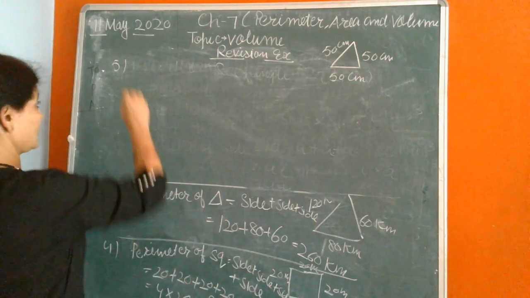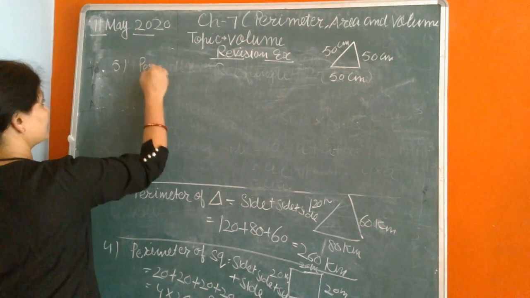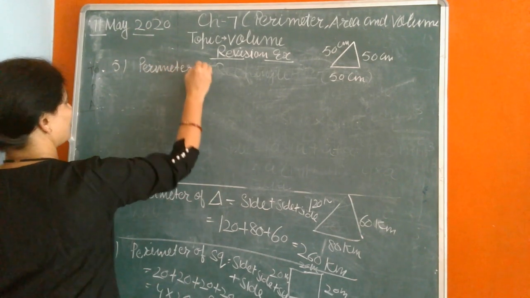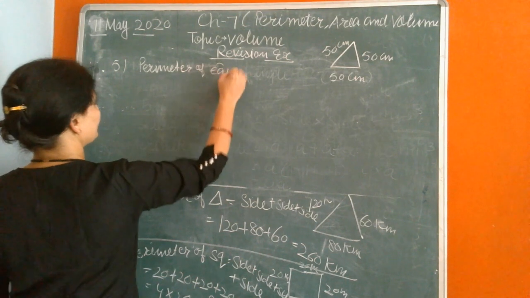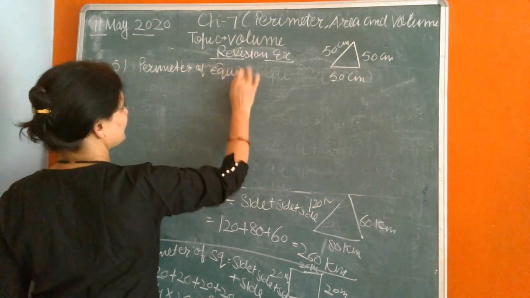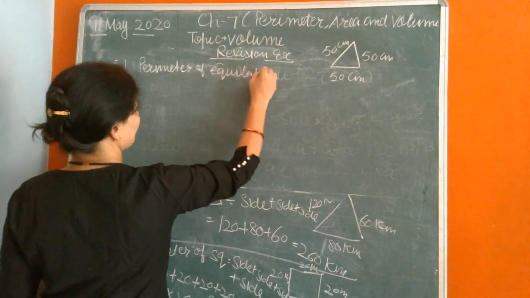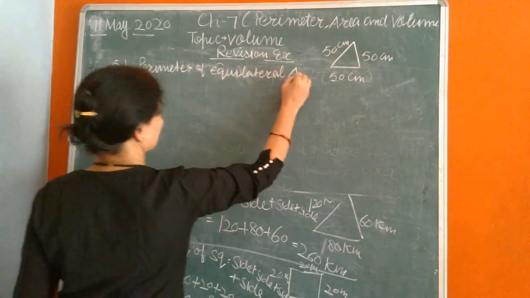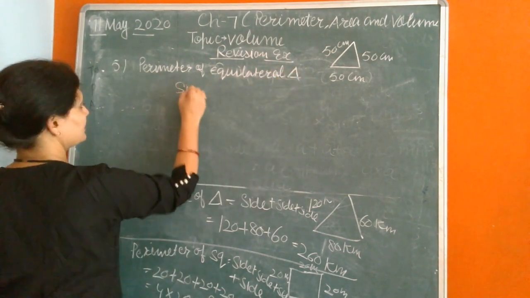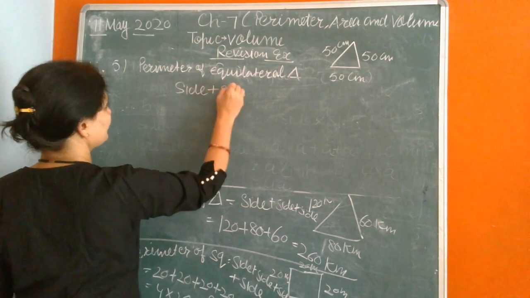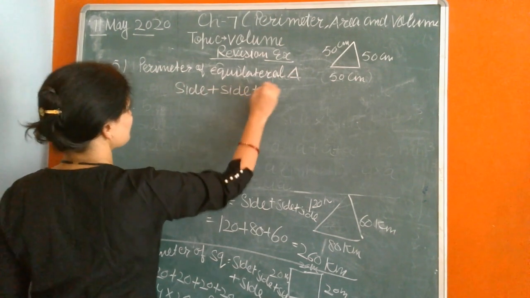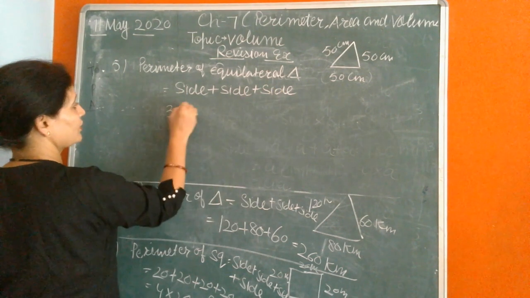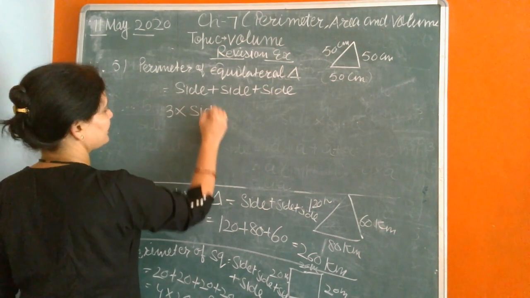So the perimeter of an equilateral triangle is side plus side plus side. We can also write it as 3 into side.